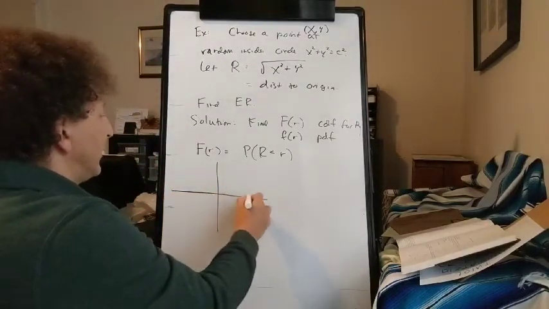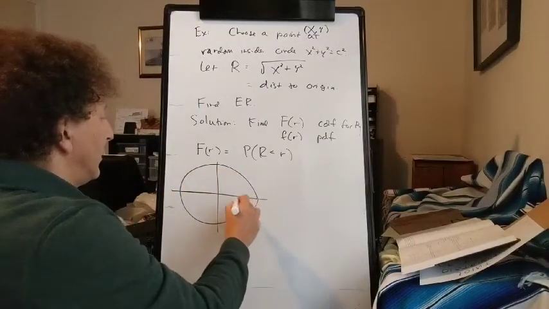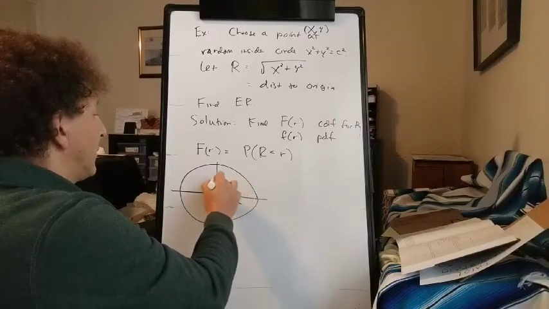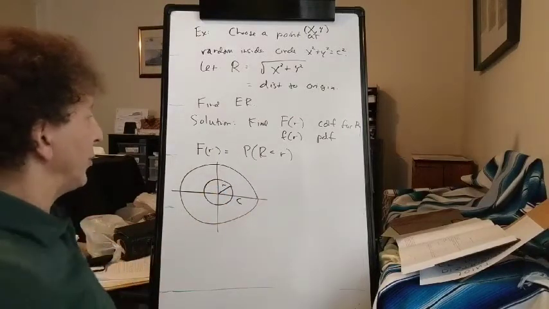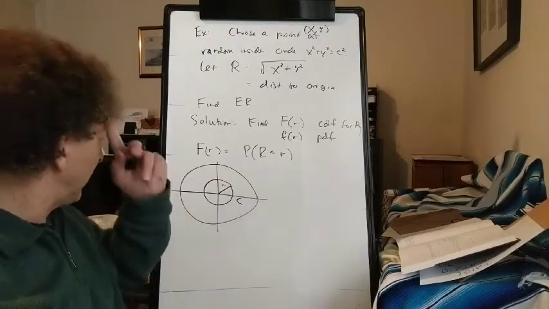So we have this circle of radius c centered at the origin. And then we're closer than little r to the origin if we're inside a smaller circle of radius, little r.